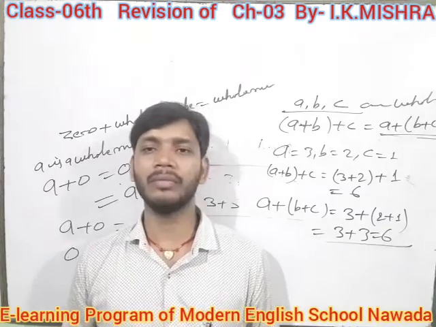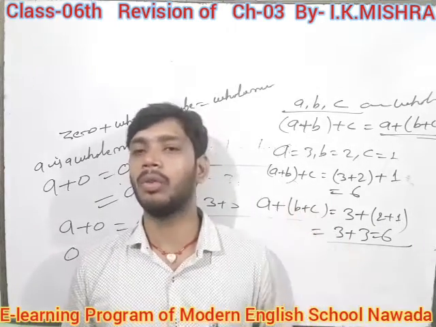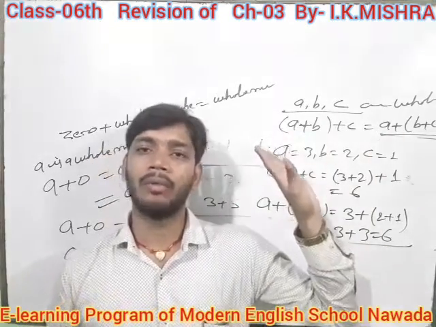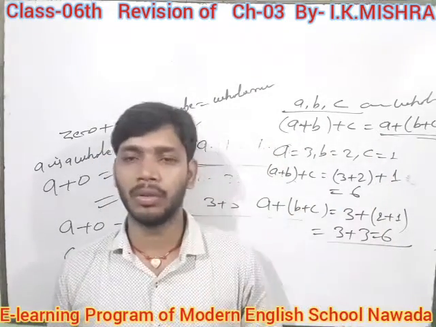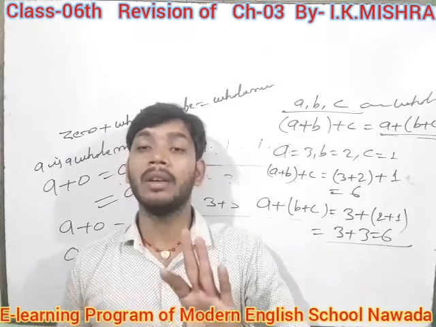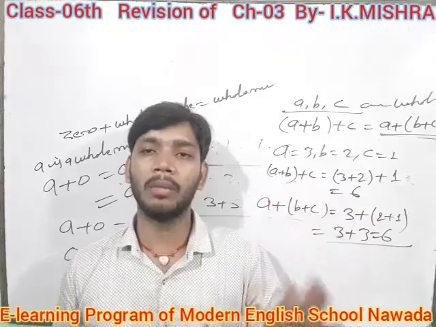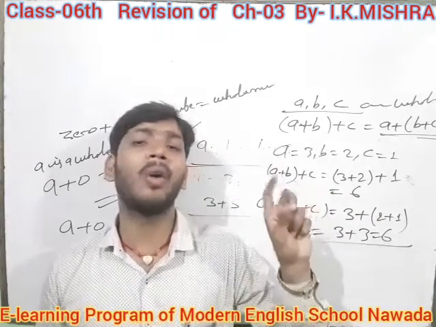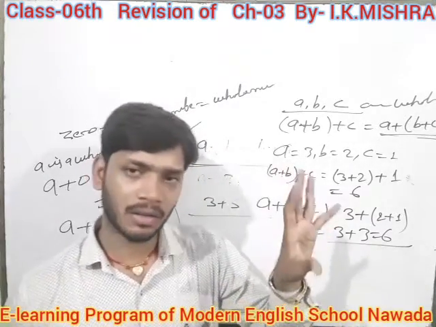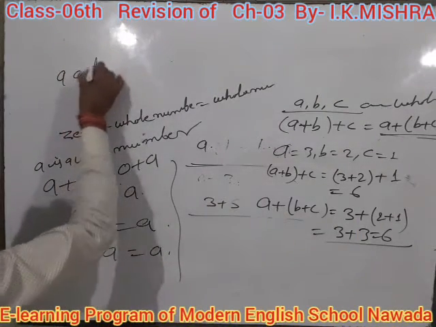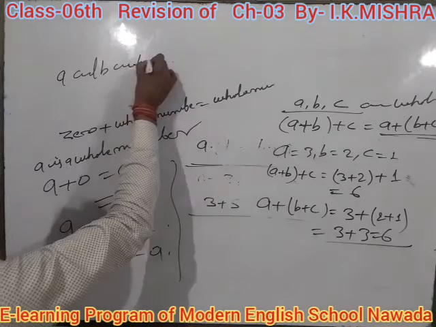Not all of the properties discussed for addition are followed in subtraction. When you subtract two whole numbers, the result need not be a whole number. Suppose A and B are two whole numbers.